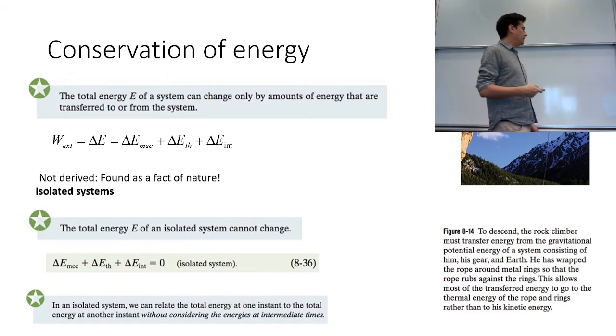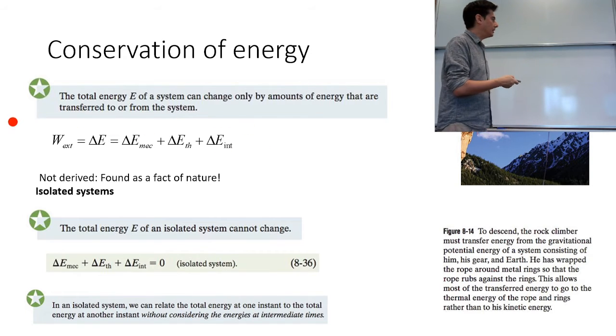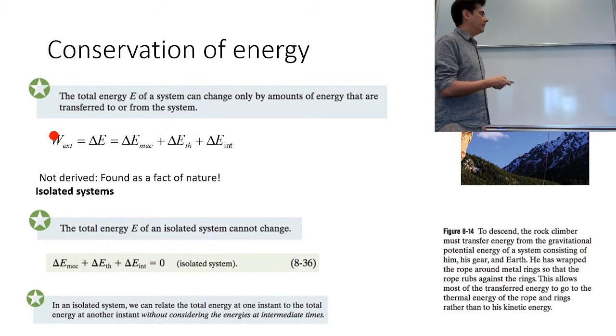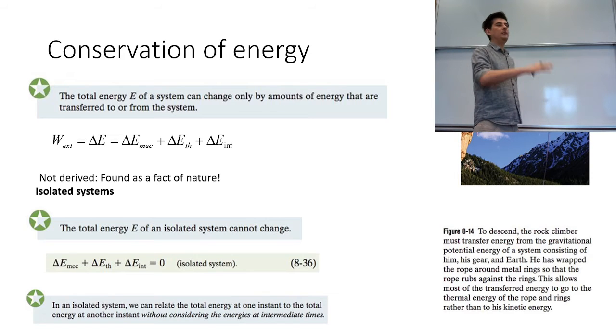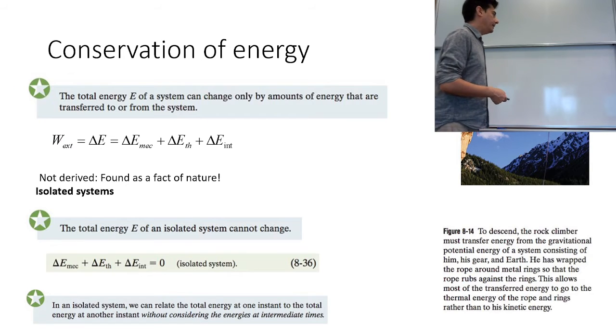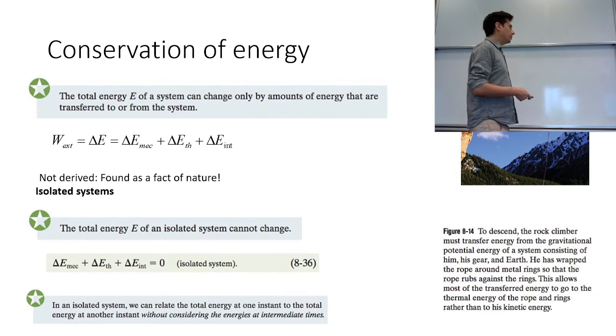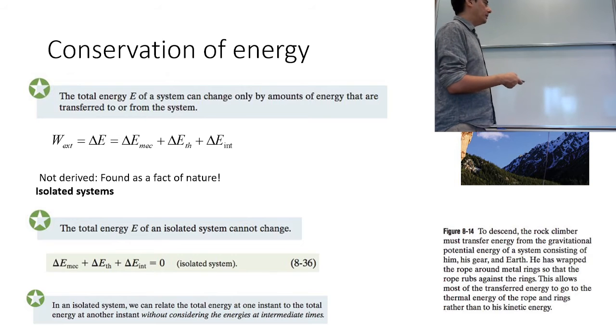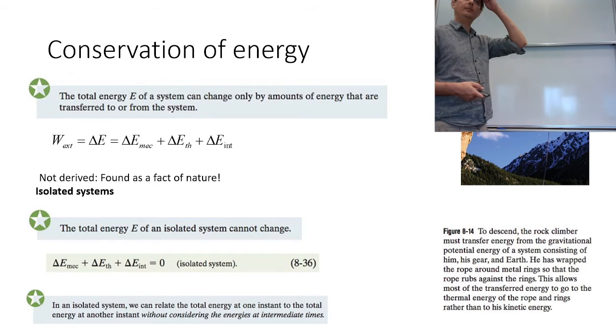A special case of this is if the system is an isolated system. Isolated system basically means that no energy goes in or out. So this external work is 0. And so for an isolated system, what you'll find is that energy will just be transferred between these different forms.